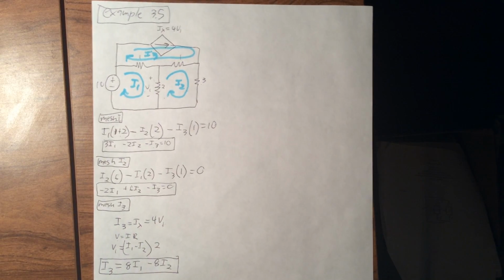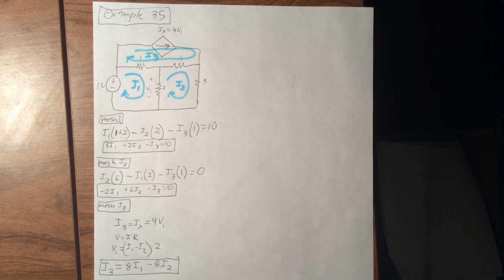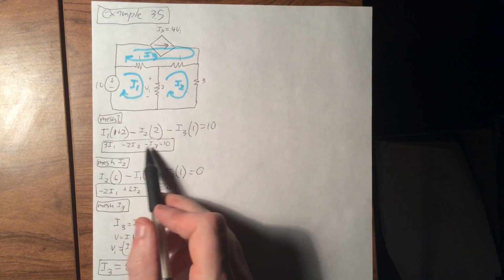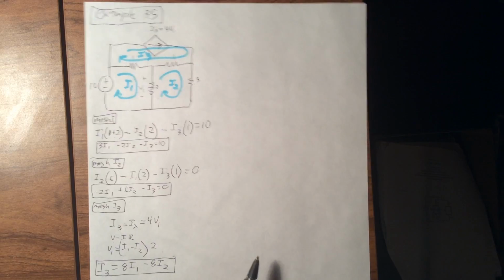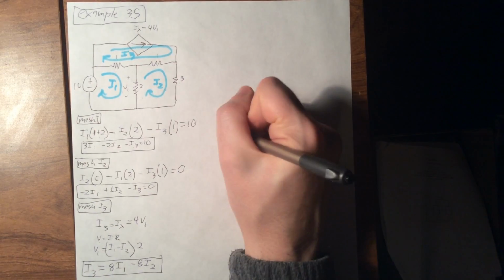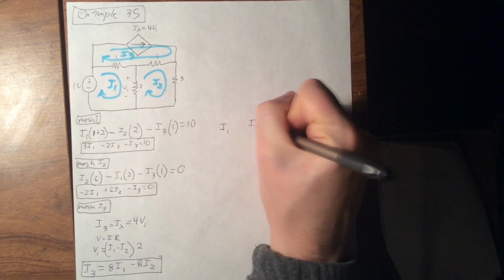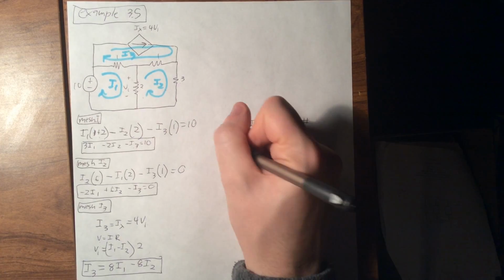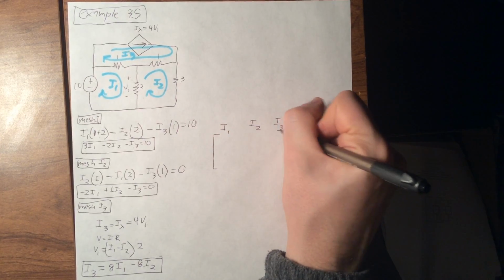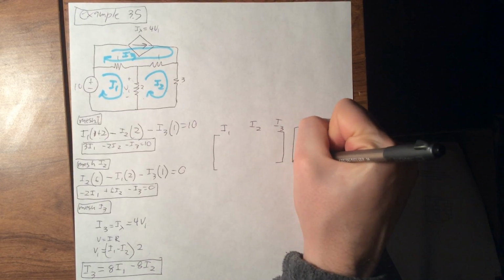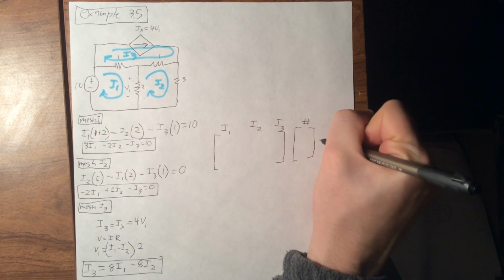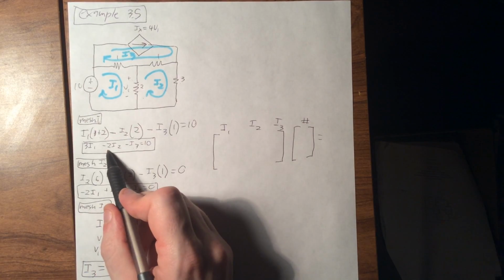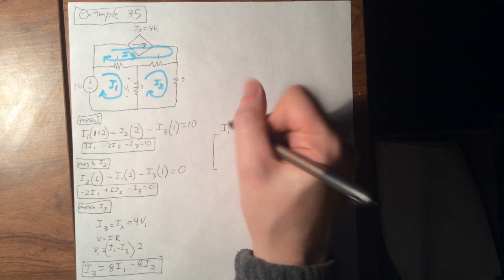So 3 equations, 3 unknowns. We're ready to solve. Let's write this down. We've got I1, I2, I3 equals the numbers. The first row is 3, minus 2, minus 1, 10.